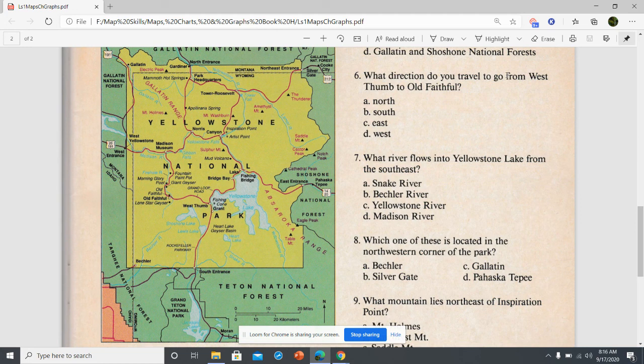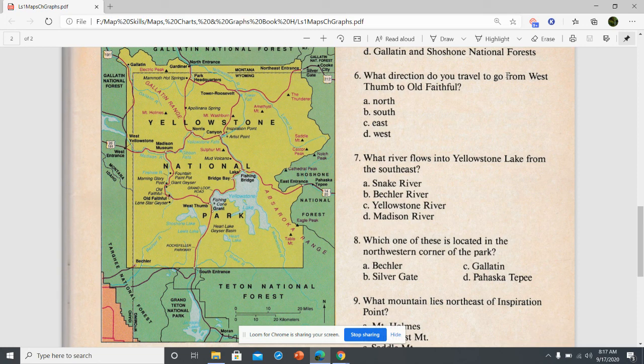Number 3, find the north arrow on the map. Which edge of this map is the northern edge? Is it A, left, B, right, C, top, or D, bottom?